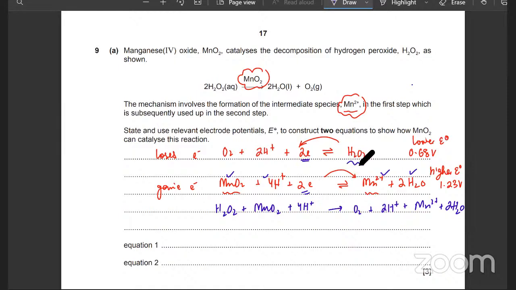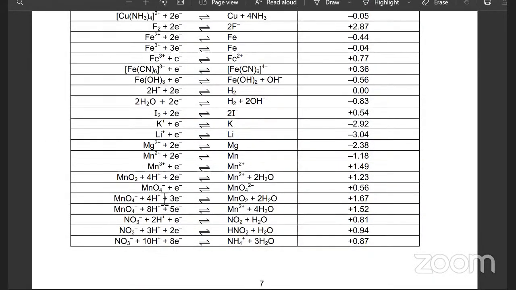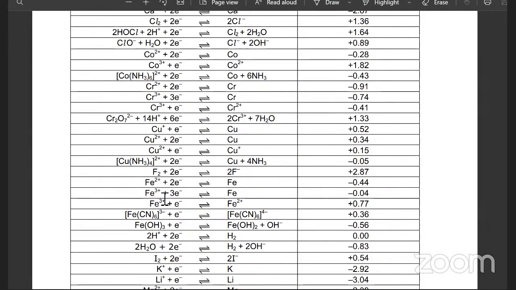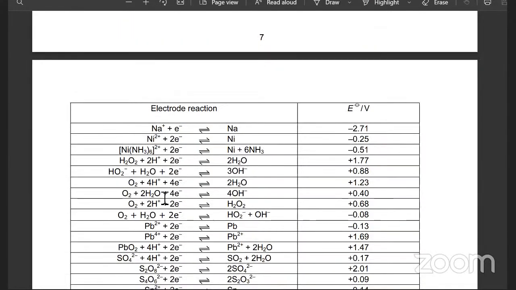Or how did I figure it out? It was losing electrons because they told me that MnO2 is turning into Mn2+, so that is gaining electrons. So the other one must be the one that would be losing electrons, which is why I specifically found the equation. Because remember, if you look at the data booklet, H2O2 might be on the left side as well. Like if you look carefully, you might find H2O2 somewhere on the left side as well.